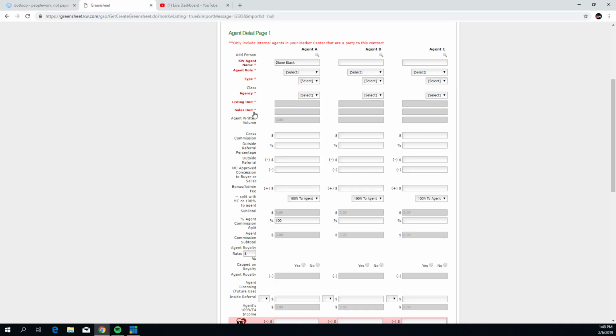A team is a good example. Sometimes the lead agent is on there getting a certain percentage and you're getting a different percentage. But usually, in most cases, it's just going to be you, Agent A.